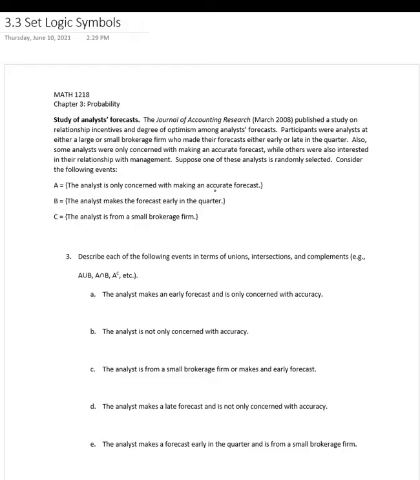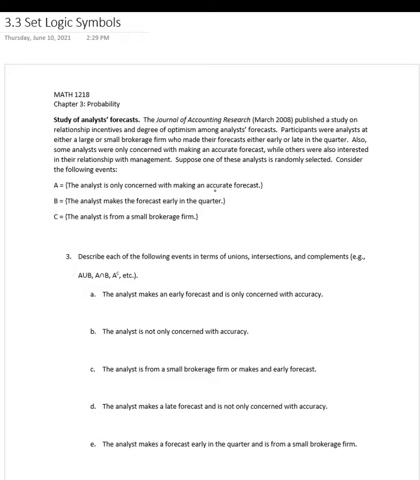So what we want to do is describe each of the following events in terms of union, intersection, and complements. So A union with B, or A intersect B, A complement. See how we're using certain symbols here, the union symbol, intersect symbol, and superscript C to represent the complement event.